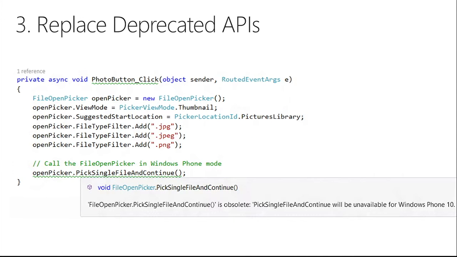You will find occasionally there'll be a few deprecated APIs. There's not actually a lot, really. The main one that I called out there was the AndContinue APIs, the much unloved AndContinue APIs, which were necessary on Windows Phone. They were brought in because our low-end Windows Phone devices are very constrained, and when you call something like the file open picker, where the proper call is PickSingleFileAsync, the caller would sort of suspend.